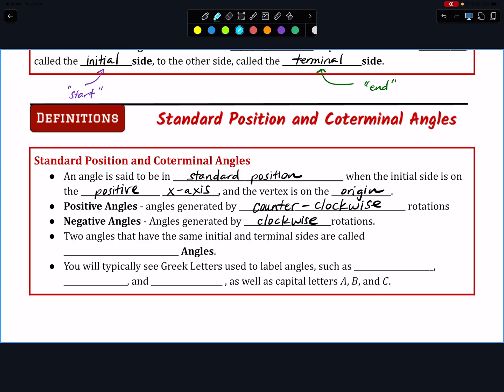So positive angles are counterclockwise. Negative angles go clockwise. Two angles that have the same initial and terminal sides are called coterminal angles. Highlight this because this is important.